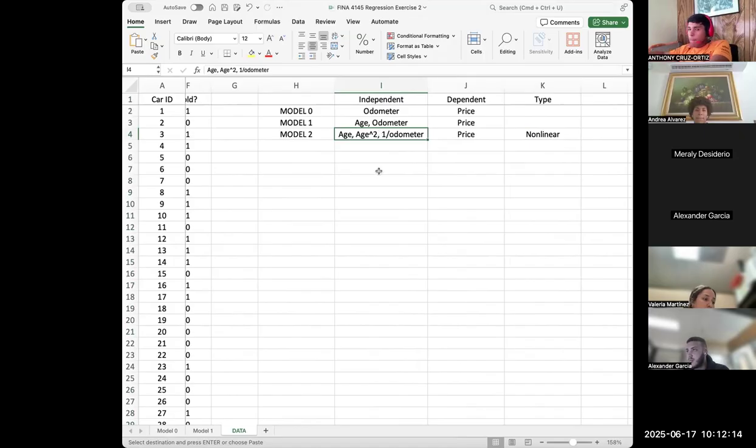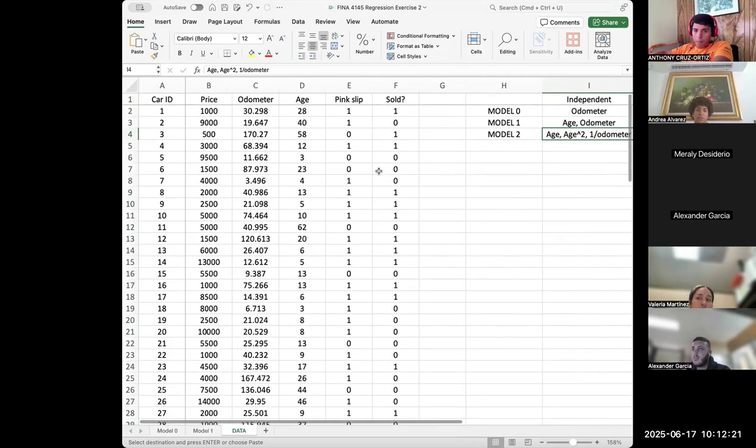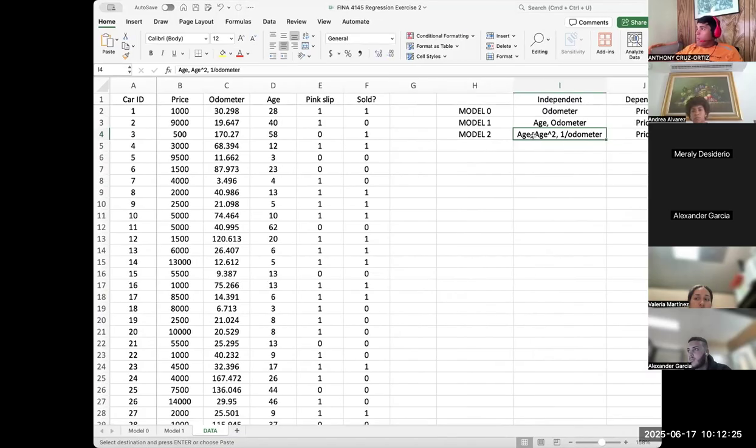Now, how do we get the age squared term? Notice we're not just going to put age squared, we're going to put age as well. It's not just going to be age squared. We're going to put both.